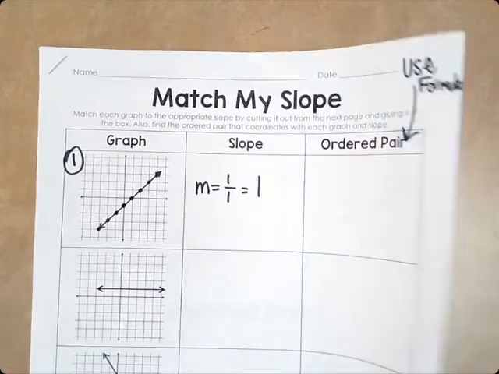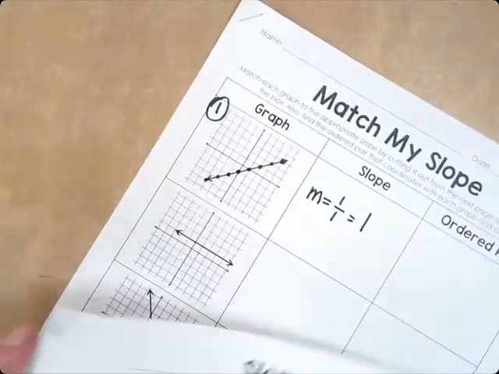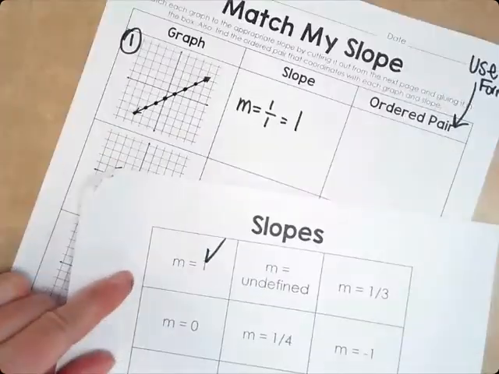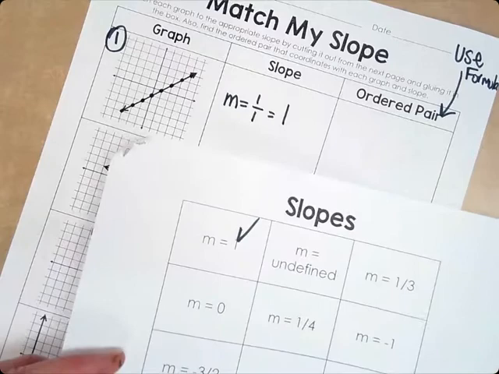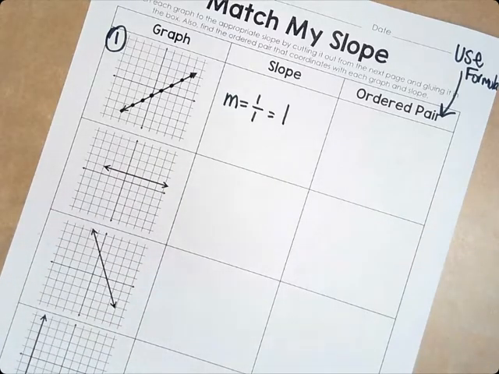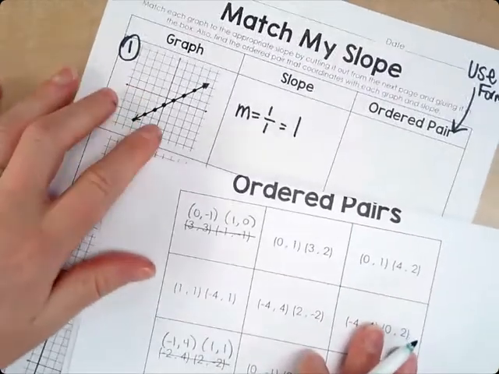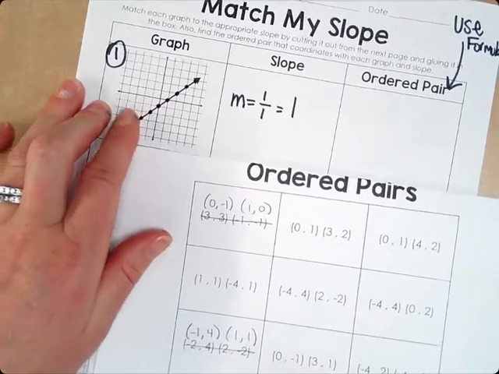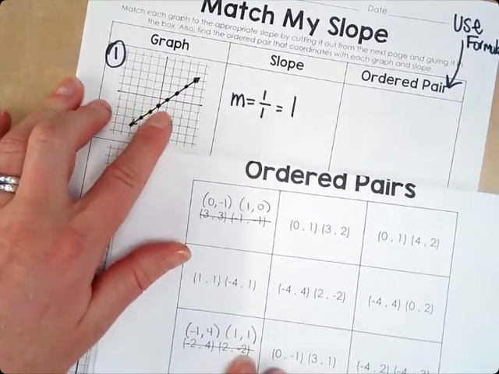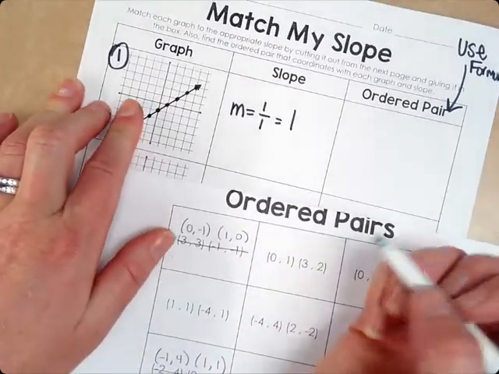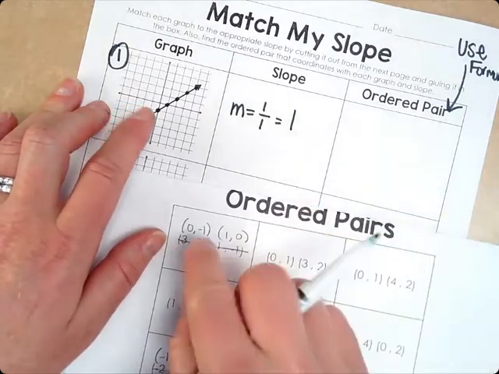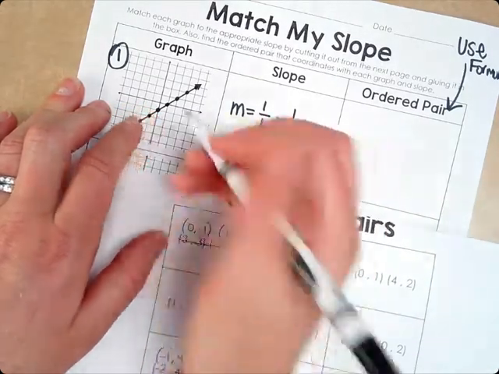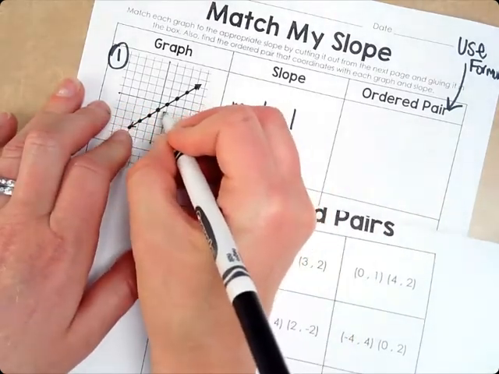Then you're going to find ordered pairs. So I'm going to check that off. You can cut and glue if you'd like. If you just want to write it, you can write it. So then what you'd need to do is find your ordered pair that matches this, which is actually the first one. 0, negative 1 is right here.